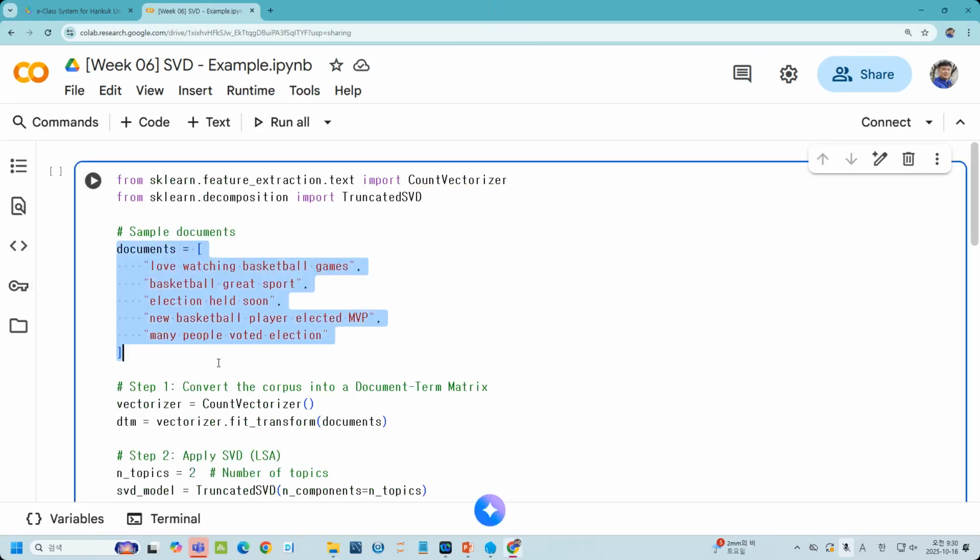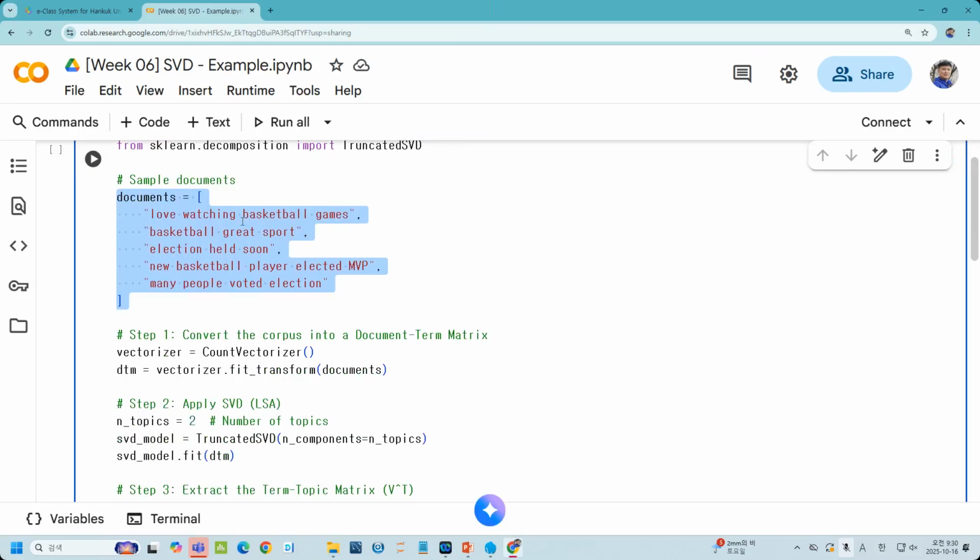The documents are these: I love watching basketball games, basketball great sport, election held soon, and this one. So it is already pre-processed.